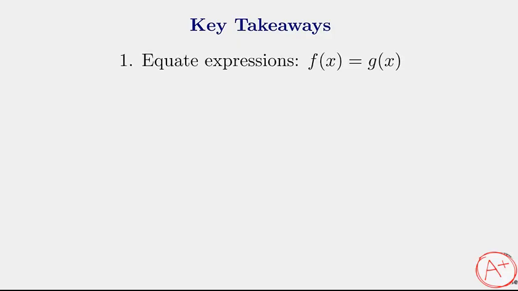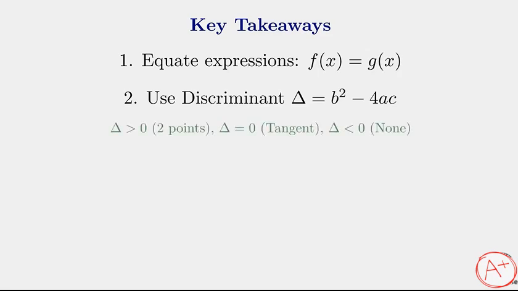To summarize our lesson on the relationship between graphs and equations. First, to find intersection points, always begin by equating the expressions for y to form a single quadratic equation in x. Second, the discriminant, b squared minus 4ac, is the definitive tool for determining the nature of intersection. Remember, d greater than 0 means 2 points, d equals 0 means a tangent, and d less than 0 means no intersection.